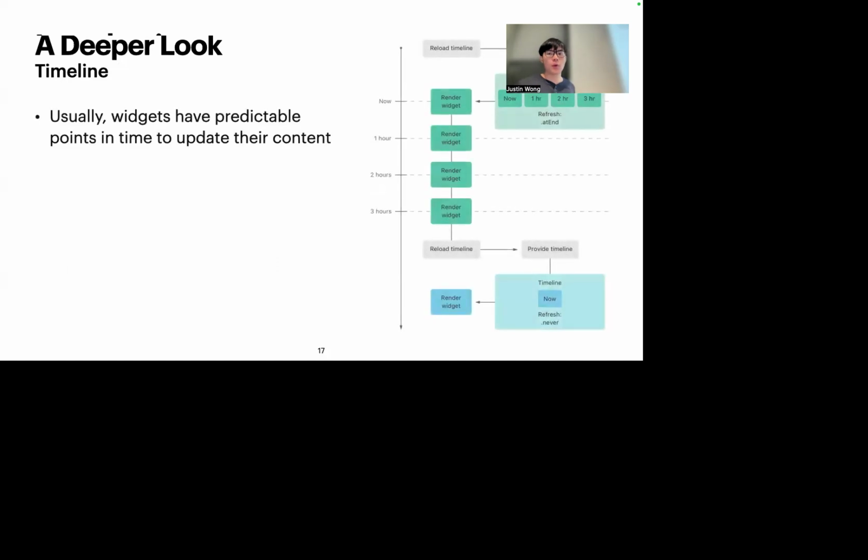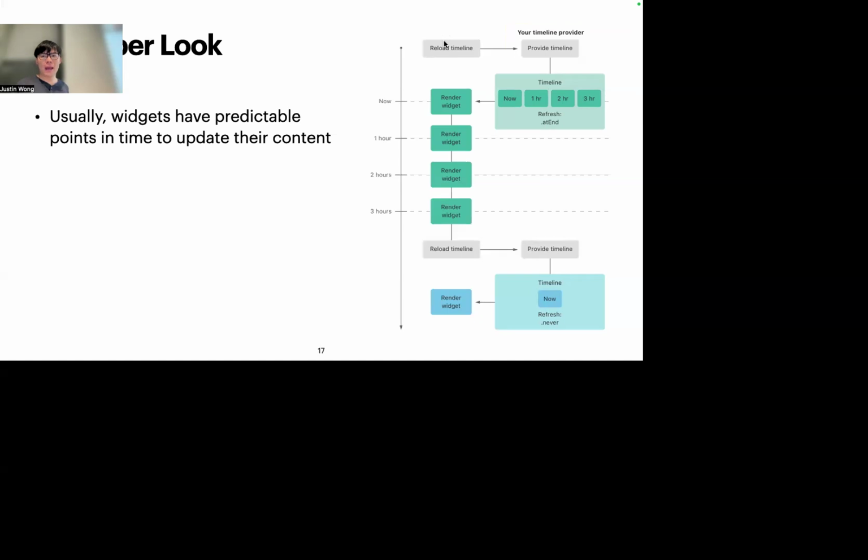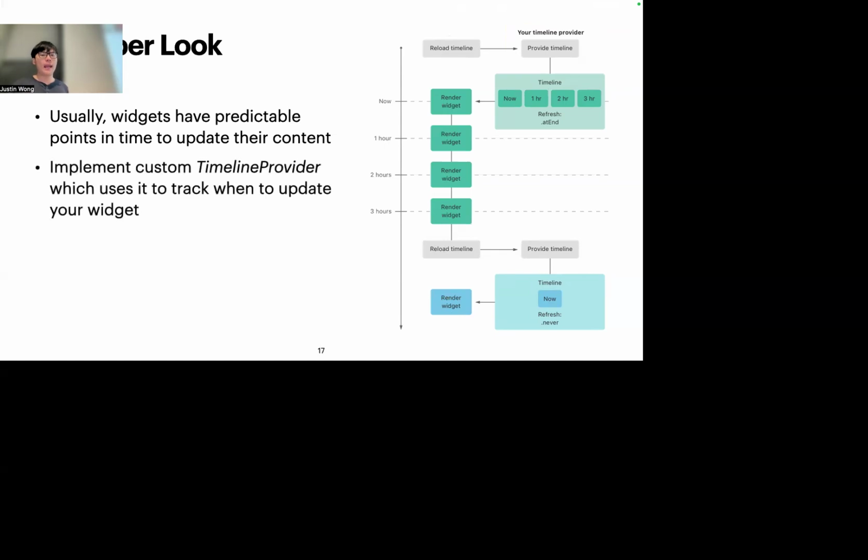So timeline. This is what a timeline looks like. Here we have WidgetKit, this is the WidgetKit API, and this is also something called a timeline provider. Widgets have predictable points in time where you can update their content, and you will implement a custom timeline provider.